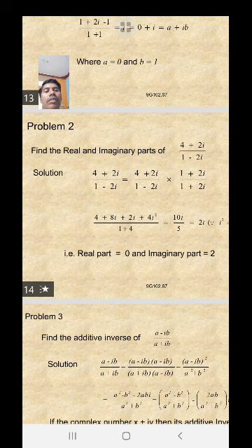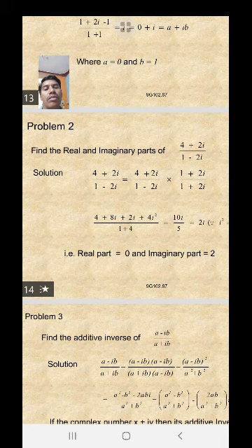Then in the numerator, if we multiply with the other numerator, we will get 4 + 8i + 2i + 4i square, because 4 into 1 is 4, 4 into 2i is 8i, and 2i also multiplies with these two terms.